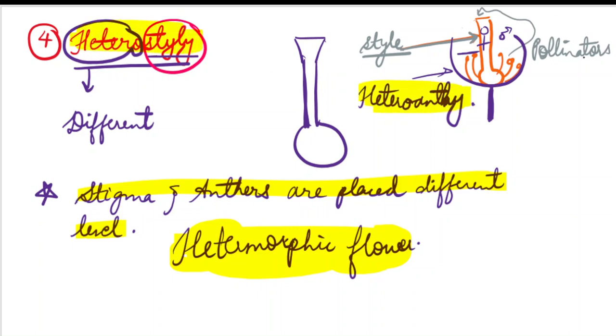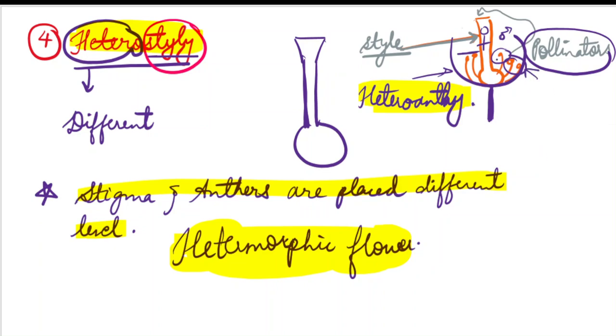In this condition there will be a need of pollinators, and instead of taking pollen from these anthers, the pollinator will take it from another anther and come. So they will go and take it from another flower, and hence there will be a need of a pollinator. They will not take from these anthers.